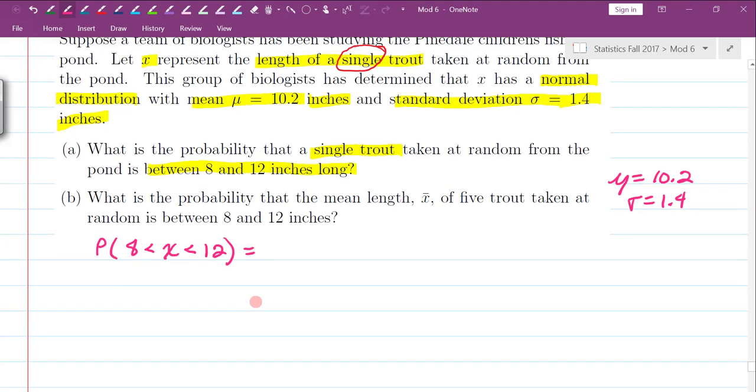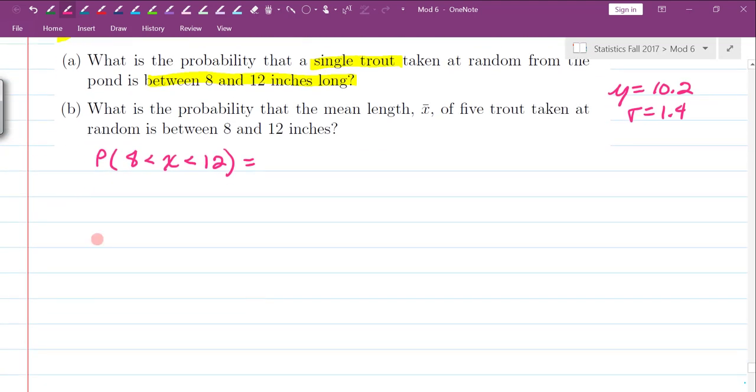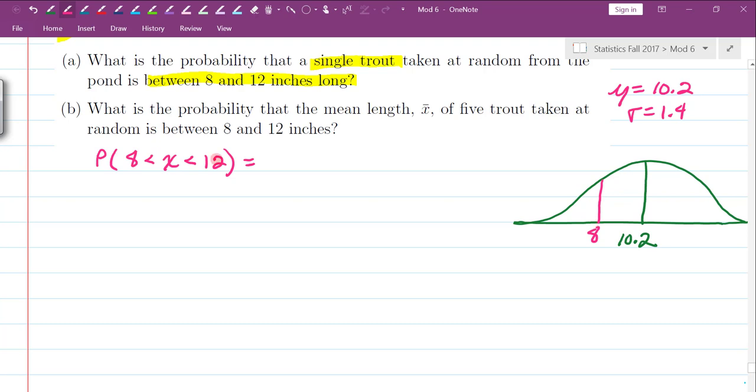So let's go ahead and just draw a picture. Our mean is 10.2 inches and we're looking for 8 to 12 to be our boundary. 8 is less than 10, so we're going to put 8 on the left. 12 is greater than 10, so we're going to put 12 on the right. And the area that we're looking for is the area between those two values.